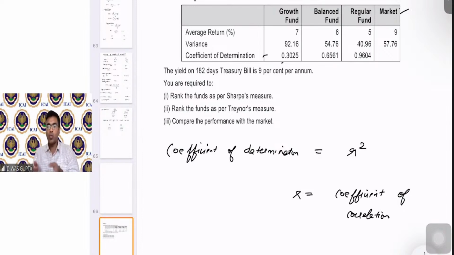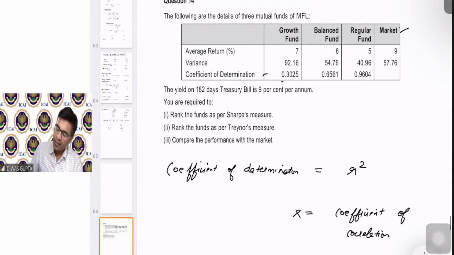So if you do the square of this, you will arrive at the coefficient of determination. Simple. So this is the reason why I've picked up this question, because of this coefficient of determination. Because this might be a new term to most of us. Okay. But there is no separate implication. It's actually R square, which is equal to the coefficient of determination.